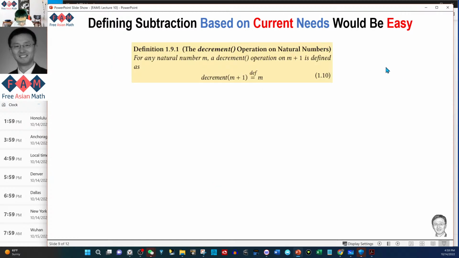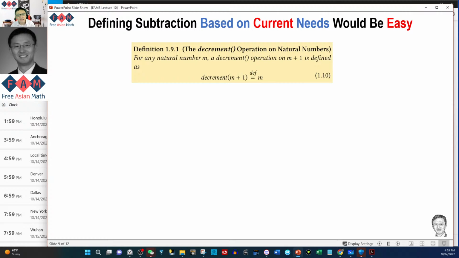Okay, so first, I hope you can see well. It's a little bit small on the screen, but hopefully you are using a quite big monitor, not just an iPad. So we first define what the decrement operation over natural numbers is. Okay, this is very important.